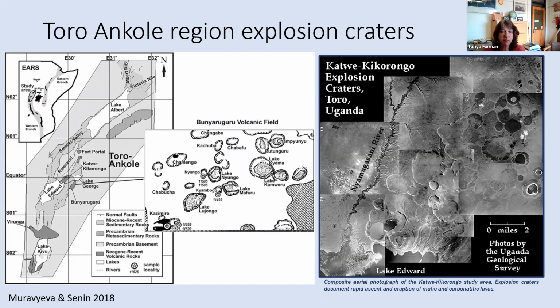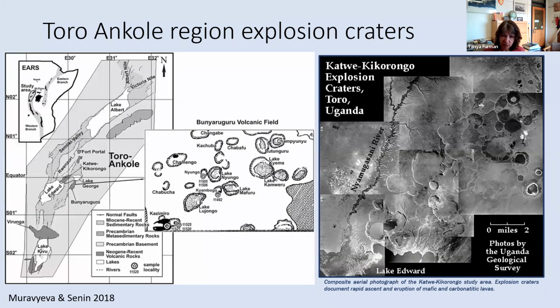This is an aerial view of the Toro Ankole province, and it's made up of several small volcanic fields, which are shaded in the dark gray on the left-hand side. They are Fort Portal, Katwe Kikarongo and Bunyaruguru. Each one is very different from its neighbors, but what they all have in common is they are characterized by small overlapping explosion craters.